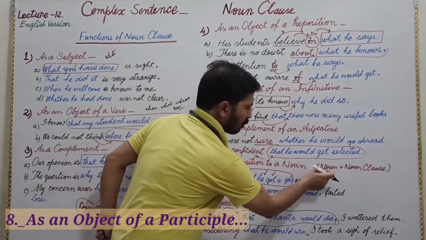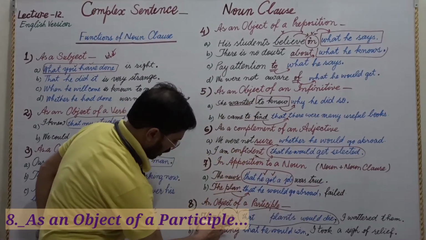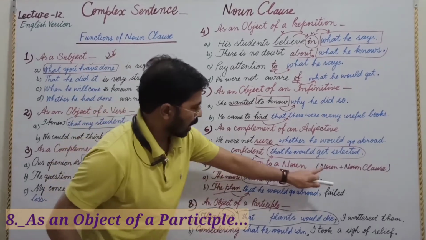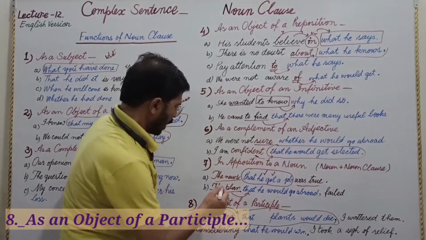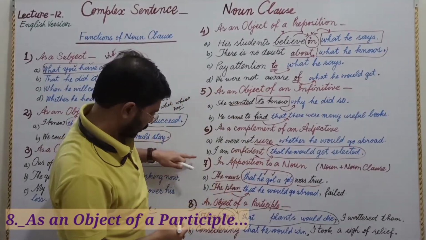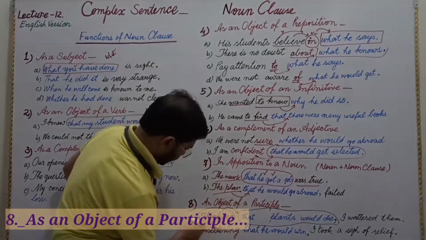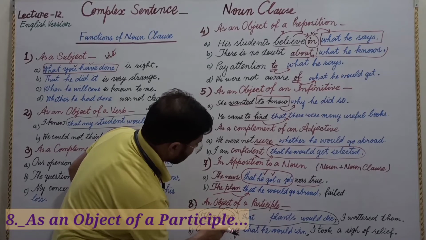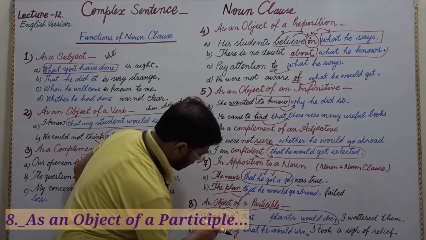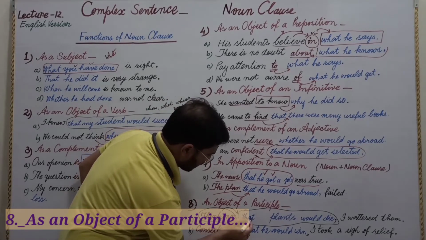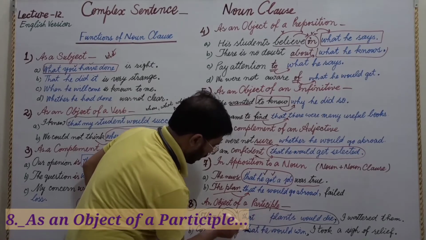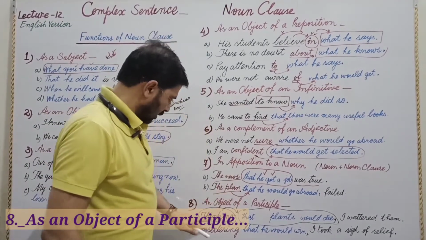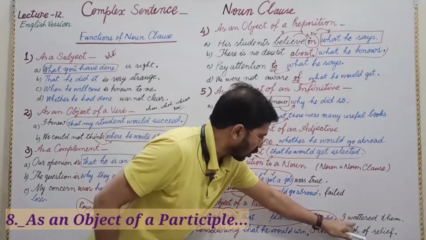Now you see noun plus noun clause. Noun, you can see here a noun and noun clause. This is an object of participle. Thinking is a participle, and we are giving this clause as an object of this thinking. Then we say object of a participle and then your principal clause.